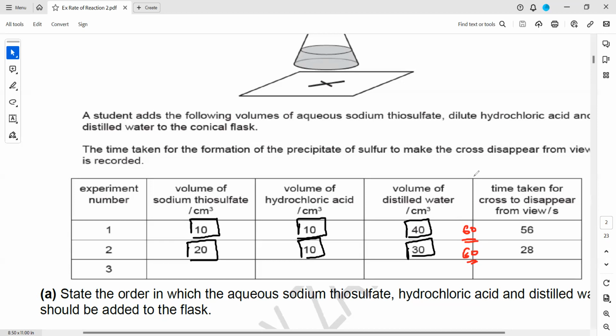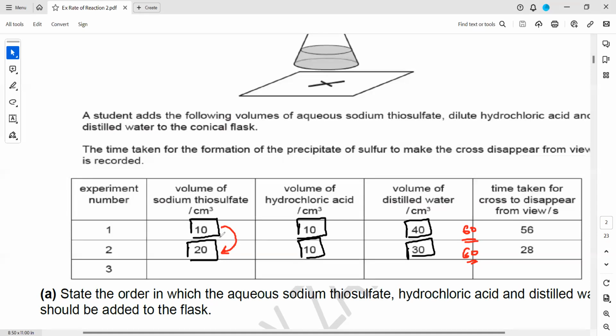The reason is, if we keep the total volume the same, the substance which has a higher proportion in the mixture has a higher concentration. You can see here, first we use 10 cm cube of thiosulfate, then we use 20 cm cube of thiosulfate. So the amount of thiosulfate is double, which means the concentration of thiosulfate in the solution will also be double.